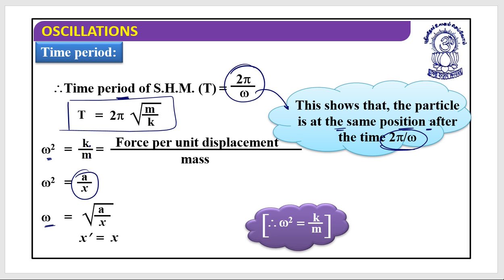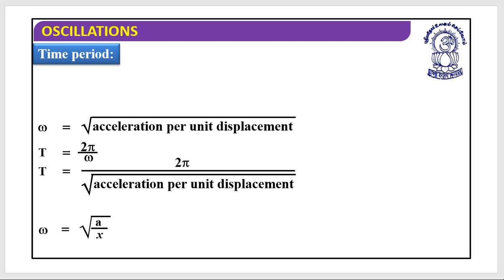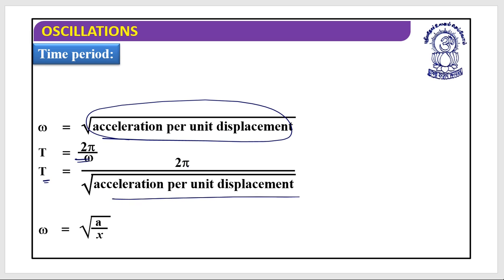From this, ω = √(a/x), and that is what x' equals to x. So ω is basically the square root of acceleration per unit displacement, and T = 2π/ω. So the time period is 2π divided by the square root of acceleration per unit displacement.